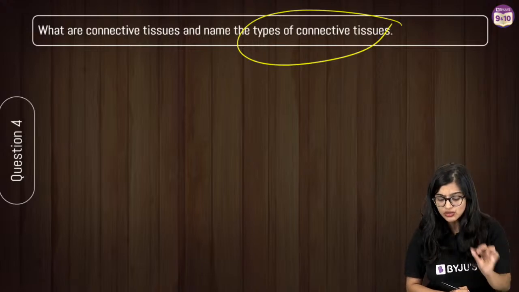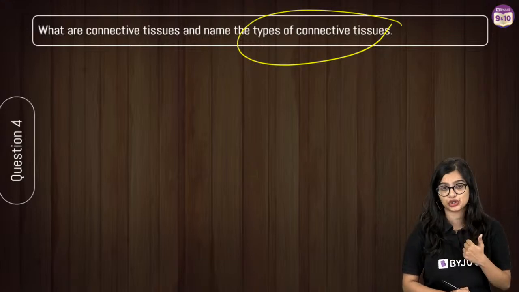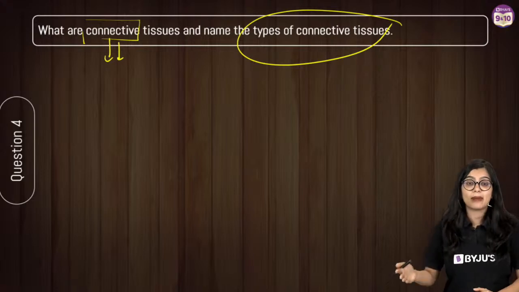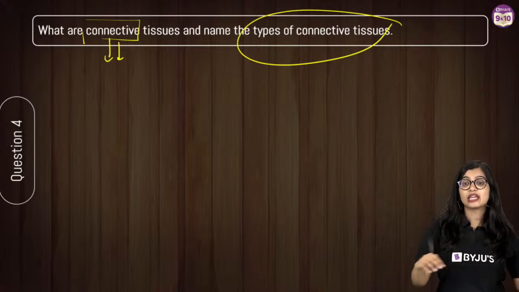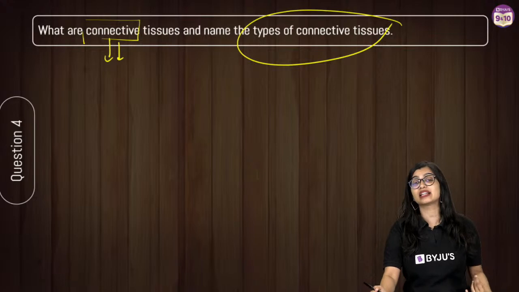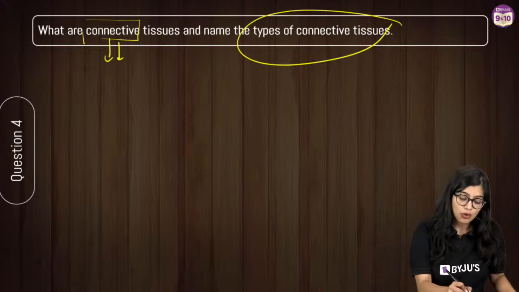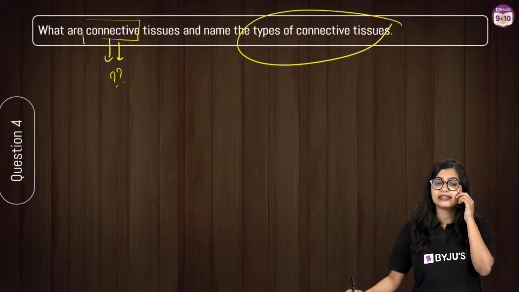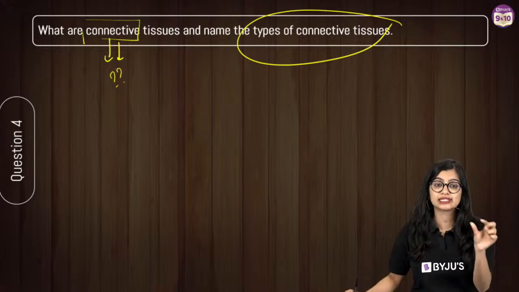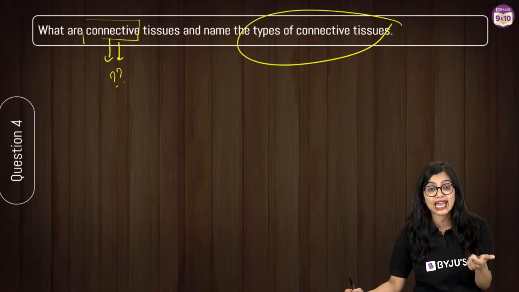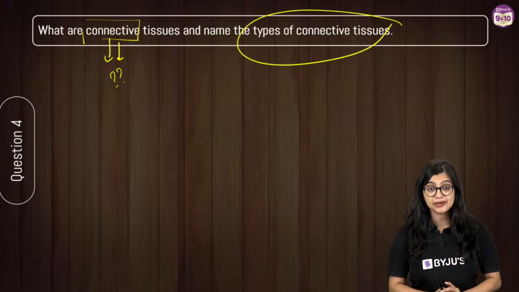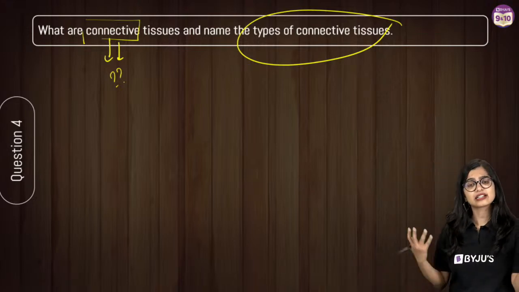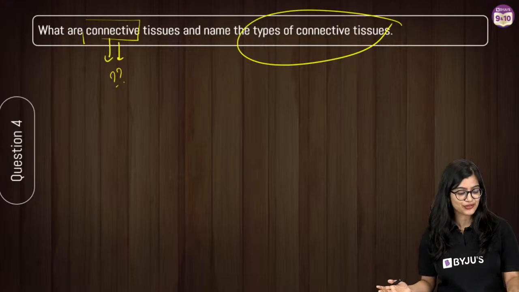Yes? So let's get started with what a connective tissue is. When I say the word connective, what comes to your mind? Can you tell me? When you think of the word connective, something that is going to connect, right? If I were to say that there is a connective tissue, you will say, ma'am, something to join, something to connect. It builds a connection, right? Very good. That is actually the answer, that's actually the definition of connective tissue.